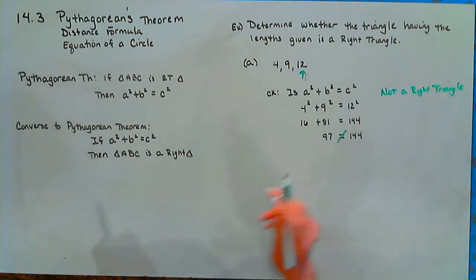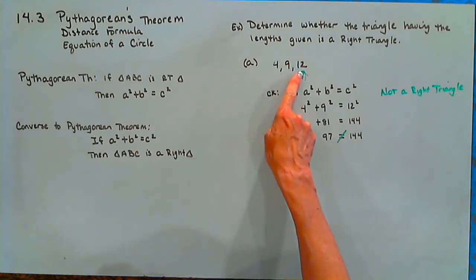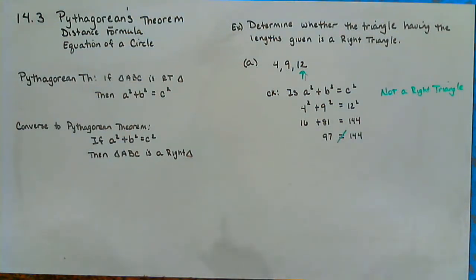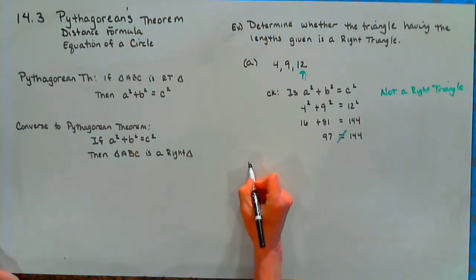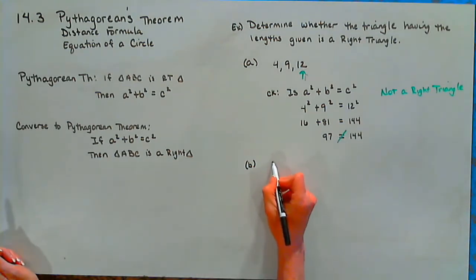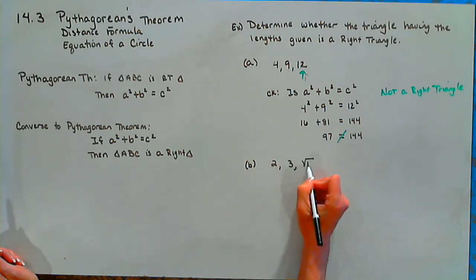And if you remember from a couple chapters back, it is a triangle, because if I add up any two sides, it should be longer than the third side. So this is a triangle. It just is not a right triangle. So let's say I give you another triangle having sides 2, 3, and the square root of 13.